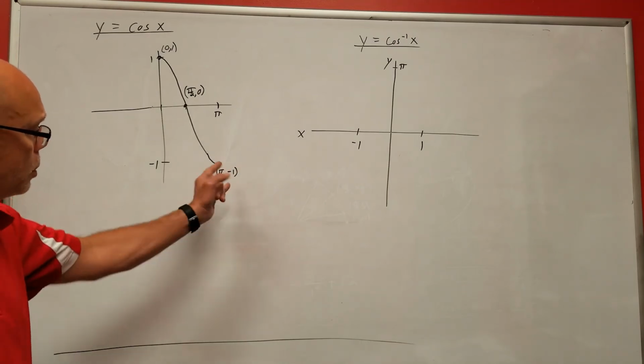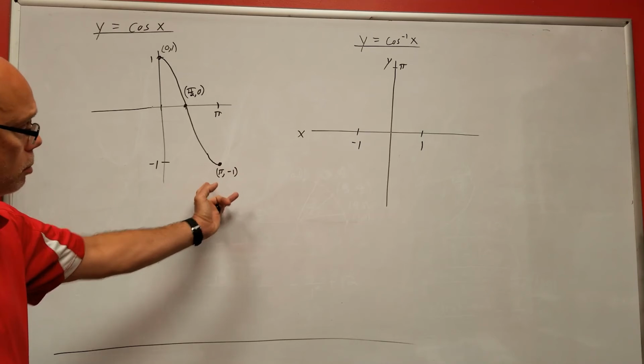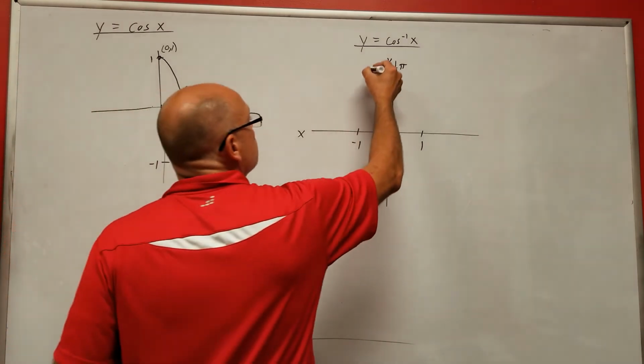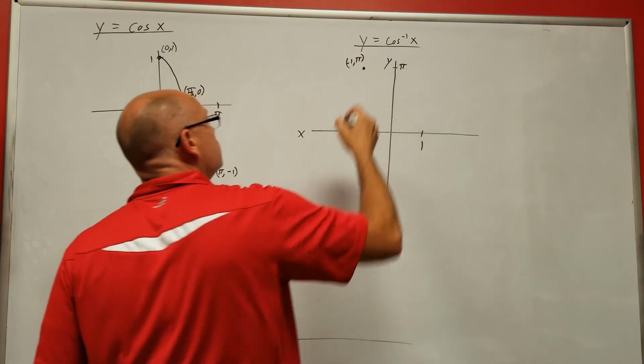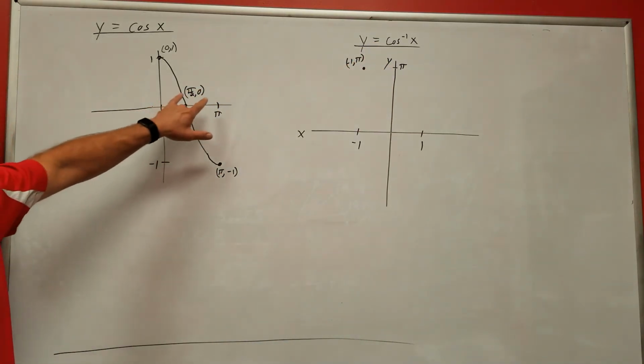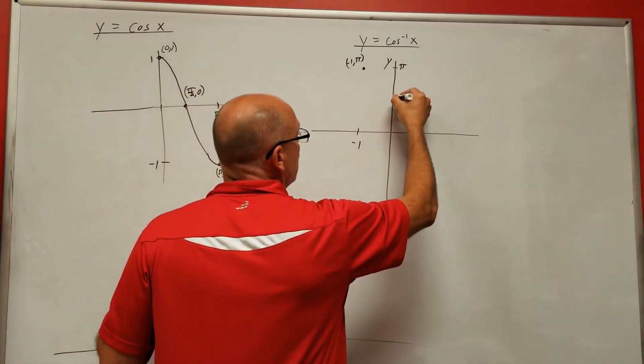And invert each one of these ordered pairs. So I'll have -1, pi on this graph. -1 comma pi. I'll have what? 0, pi over 2. So 0, pi over 2.